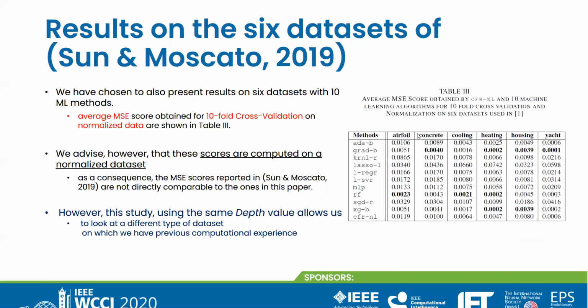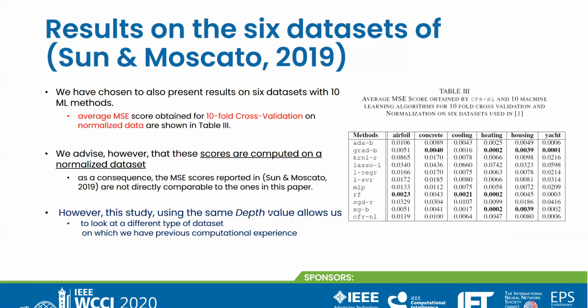So in the first part of the paper, we look at the performance on the same datasets that have been previously studied in our paper at the IEEE Conference on Evolutionary Computation of 2019. Scores are not directly comparable because now they are on a normalized dataset, but in this case, we want to see our method in comparison with the different methods in Scikit-learn, which are all these machine learning techniques.